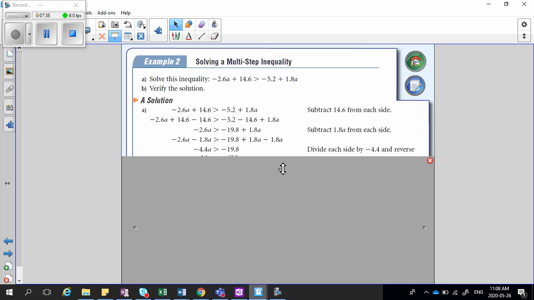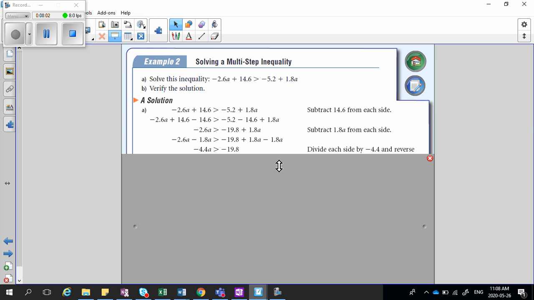Now, when we subtract something, we don't have to do anything to that inequality sign. See how it stays intact? When you add or subtract, it doesn't affect that inequality sign. So we have negative 2.6 minus 1.8 gives us negative 4.4a. So all our a's are on the left now, and on the right, we have negative 19.8.